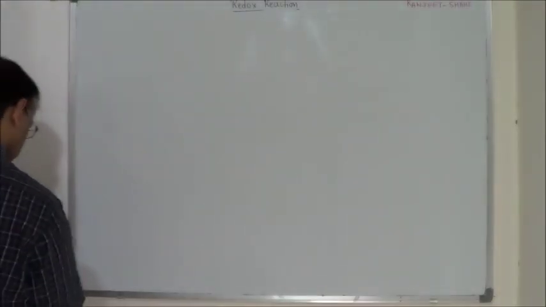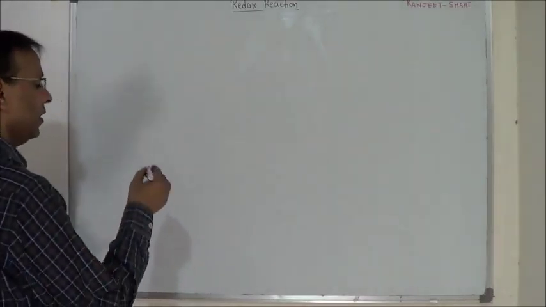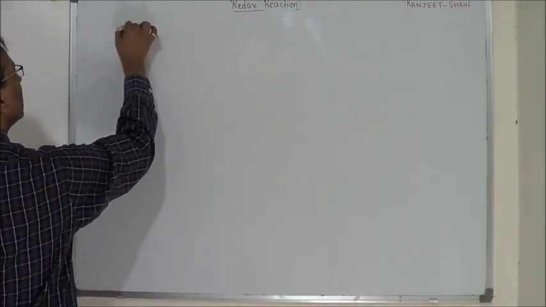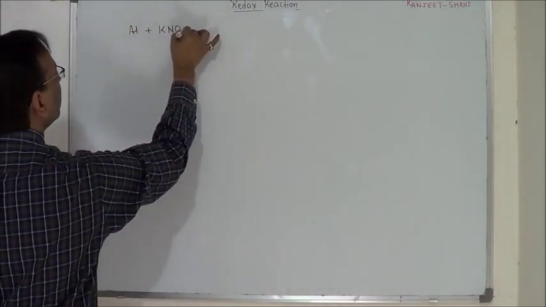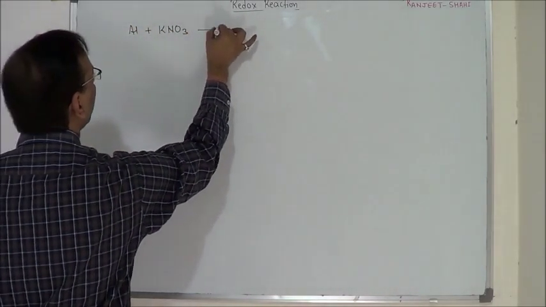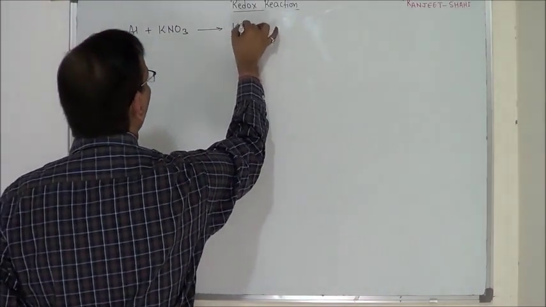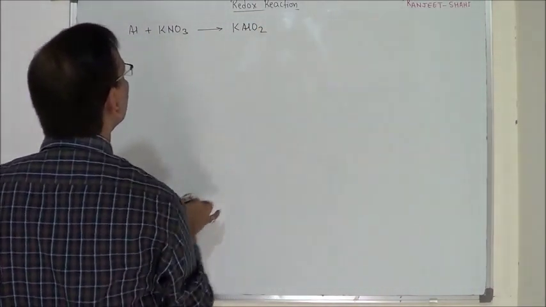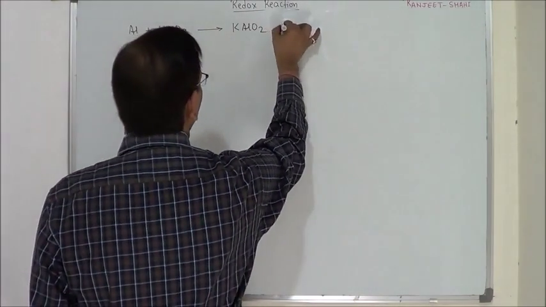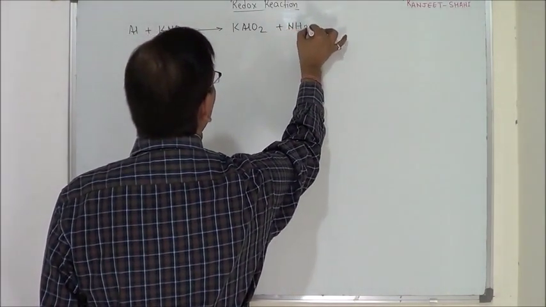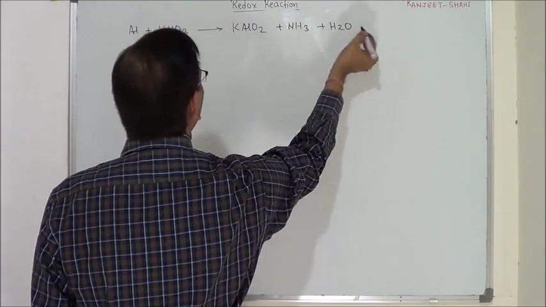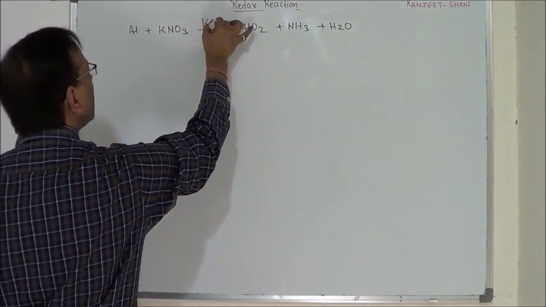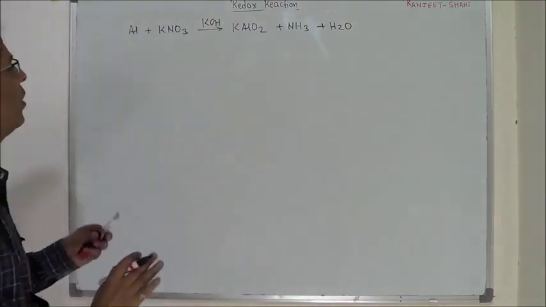Let us take one more example of balancing a redox reaction in basic medium. Let us take an example of balancing aluminum plus KNO3 giving KAlO2 plus ammonia plus water, and KOH I am writing over the arrow.